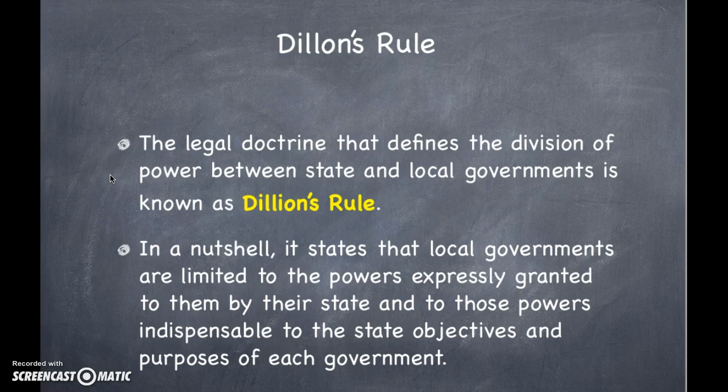In a nutshell, it states that local governments are limited to the powers expressly granted to them by their state, and to those powers indispensable to the state objectives and purposes of each government. So, he, in essence, made the rule in a case back in Iowa somewhere. And basically, he set the standard in terms of the division of power and how that power is to operate. Okay, that is the essence of Dillon's rule.